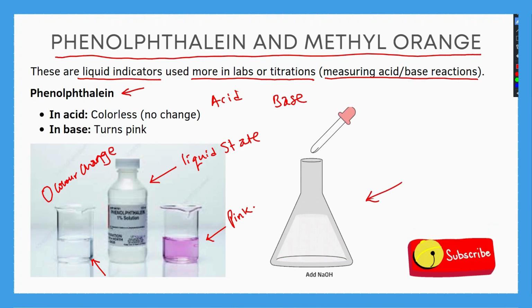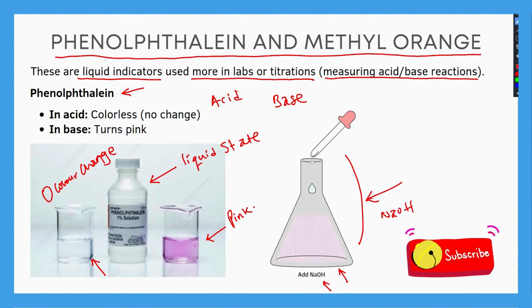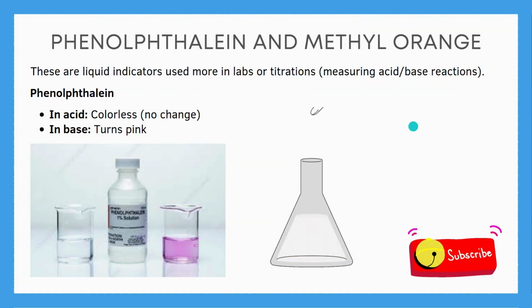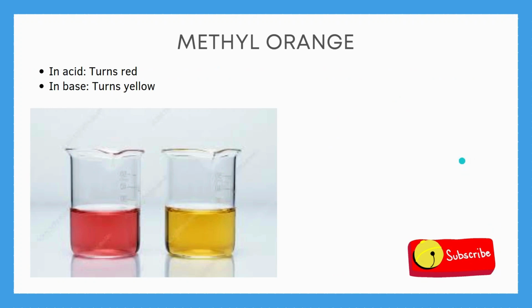You can see this video that is playing out at this point. You can see the substance is first colorless, an acid. When you added phenolphthalein, there was no color change. But when you added a base, sodium hydroxide to be precise, you can see it changed from colorless all the way to pink. So that's how phenolphthalein is used as an indicator to identify acids and bases.